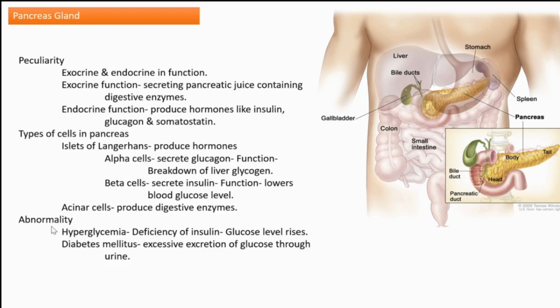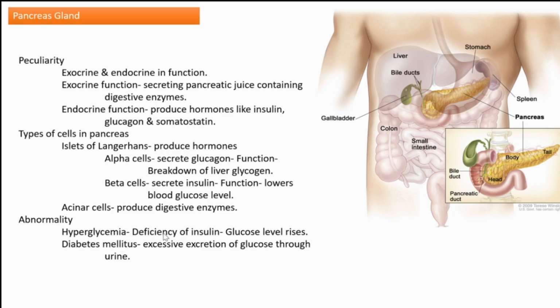Then the abnormal condition is hyperglycemia. While studying all the glands, you need to make it clear and be confident about all the abnormal conditions occurring because of all the hormones, because those abnormalities can be asked as a 1 mark question also. Okay. Then hyperglycemia.